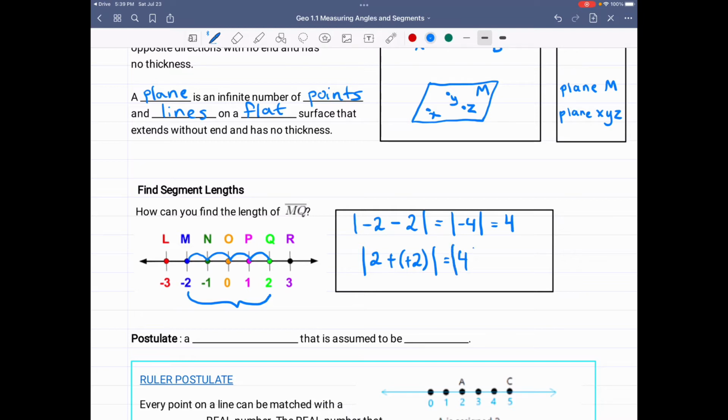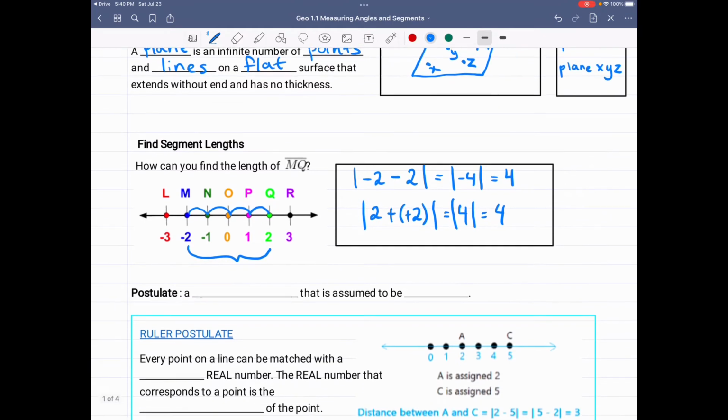The absolute value of 4 is also 4. So you can subtract in either order to find the distance. Just remember to take the absolute value. And if you need help with adding and subtracting integers, that's when we have positive and negative numbers, just let me know and I can review that with you.